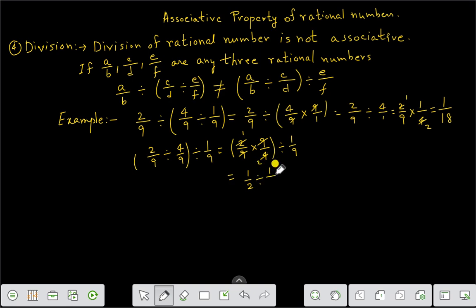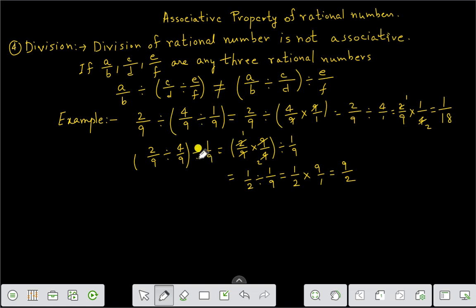That is 1 by 2 divided by 1 by 9, that is equal to 1 by 2 into 9 by 1, right? That is, we are getting 9 by 2.